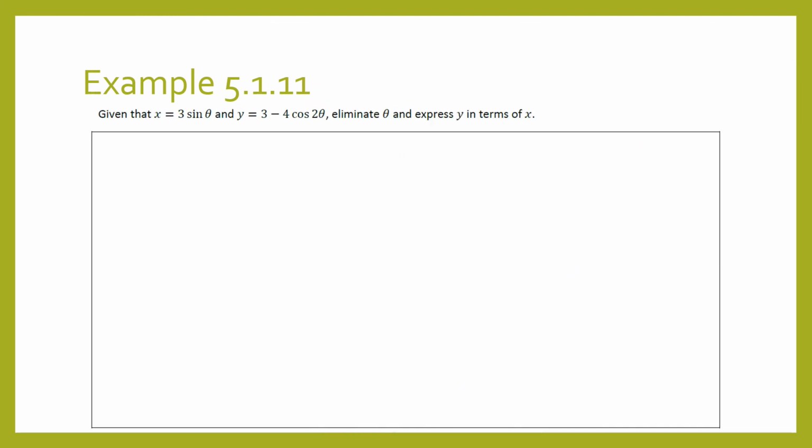Final example in section 5.1, we're given x equals 3 sine theta and y equals 3 take away 4 cos of 2 theta. Our task is to eliminate theta and express y in terms of x. And this is actually an example of parametric equations.